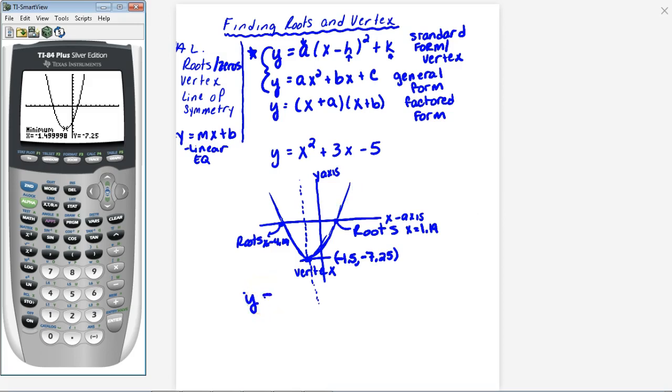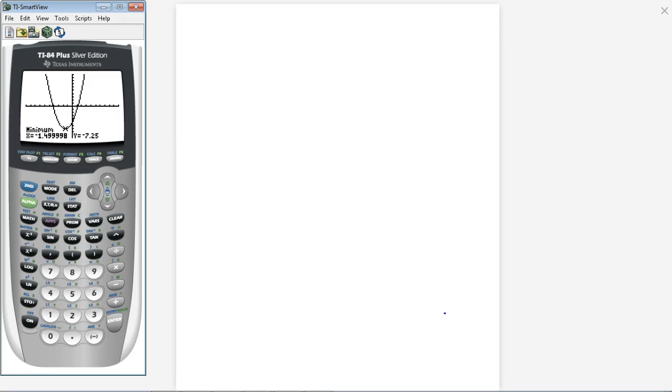So y equals a times (x minus h) squared plus k. I'm going to turn my page, but you guys probably still have enough room to be writing on your page. But I'm going to go ahead and put my steps down. And what we're going to want to do is step 1.